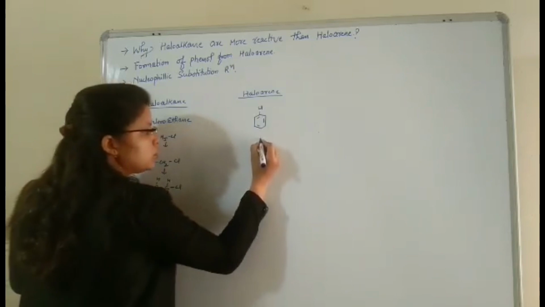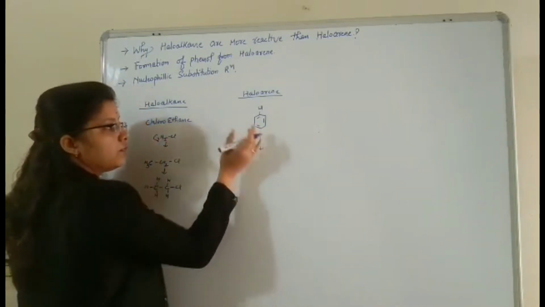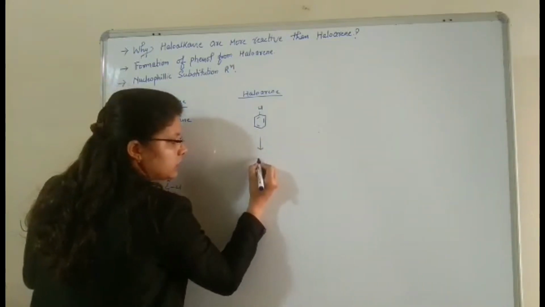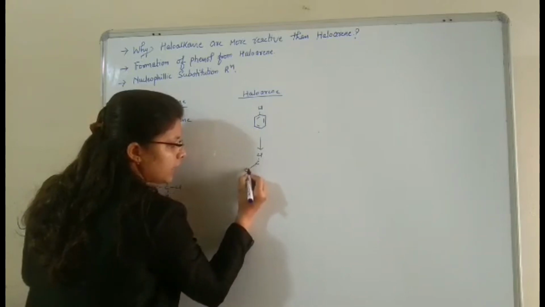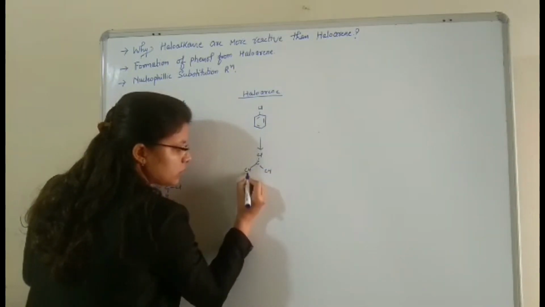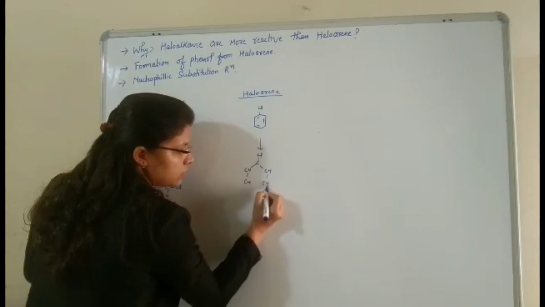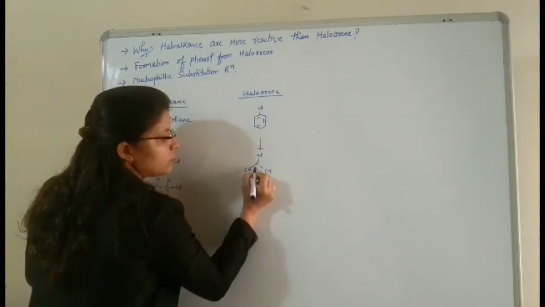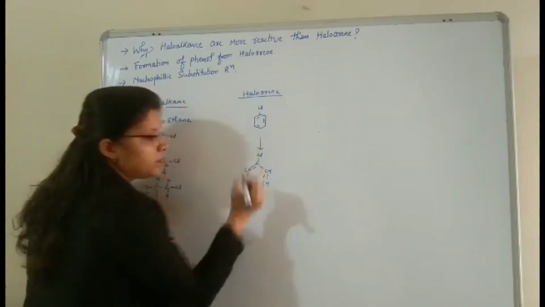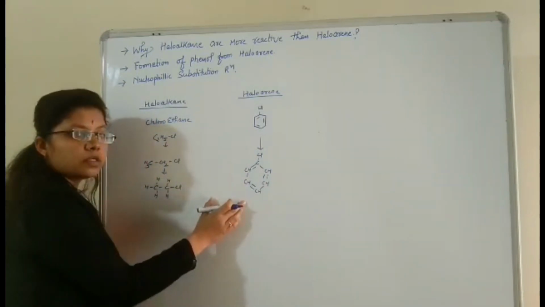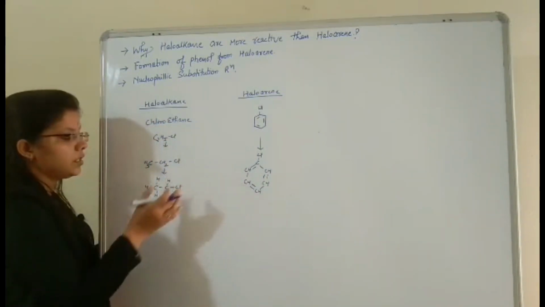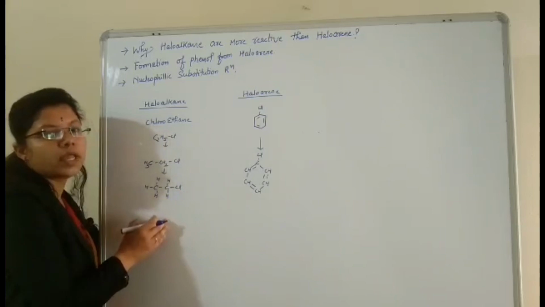Now if I want to draw the expanded structure of this, I can write CCl, after that CH, then here also CH, then CH and this one. Alternate double bonds should be present. Now this is the expanded structure of a haloarene and this is the expanded structure of a haloalkane.